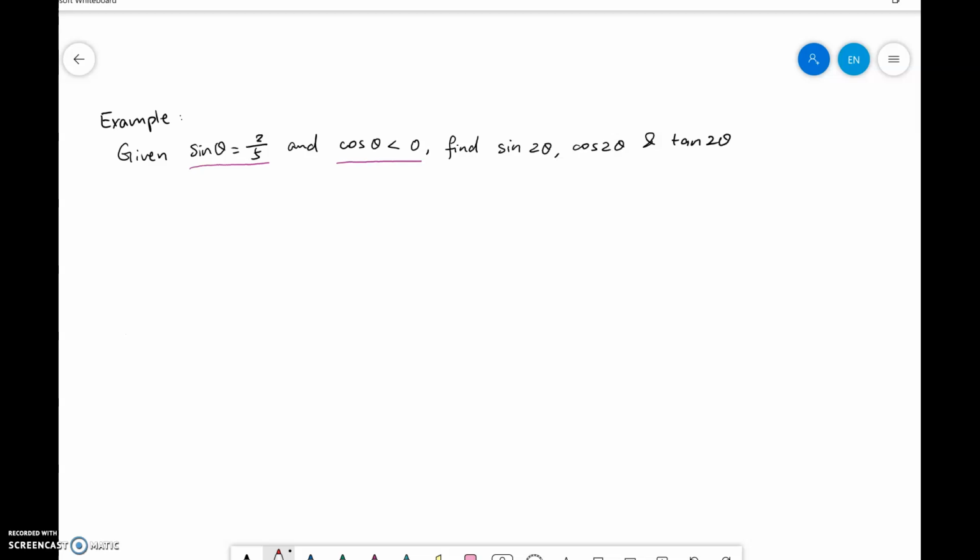So I'm going to first start by finding cosine of 2 theta. According to the formula, I want to use the sine one: 1 minus 2 copies of sine squared theta.